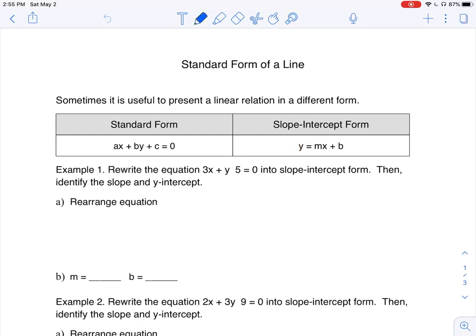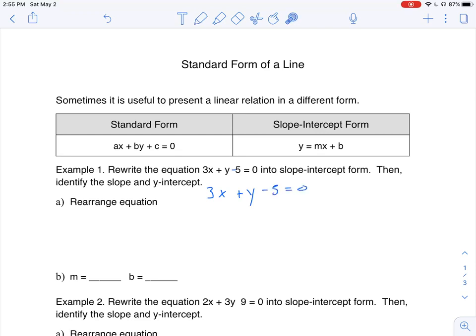Okay, so first example, rewrite the equation 3x plus y minus 5 equals 0 into slope-intercept form. Then identify the slope and the y-intercept. So I have 3x plus y minus 5 equals 0.